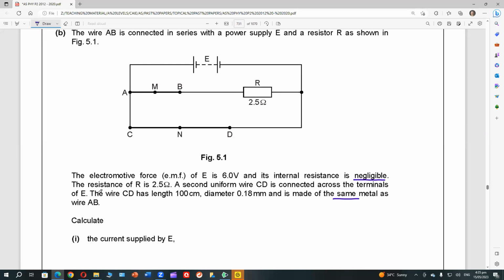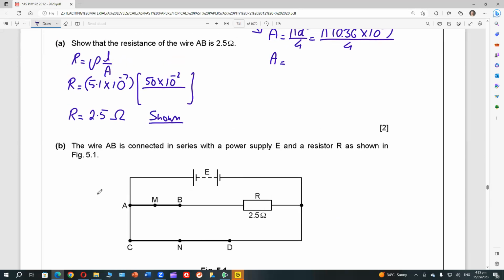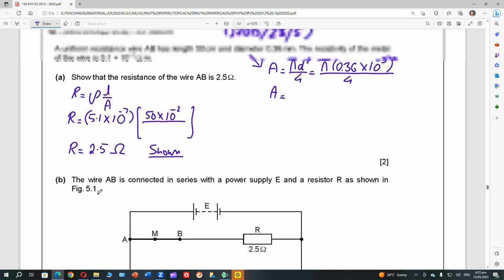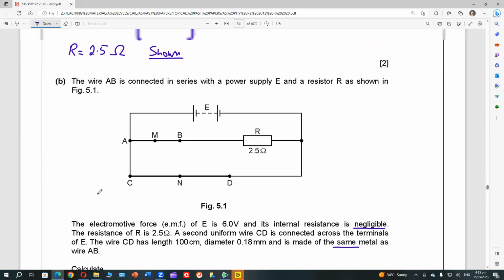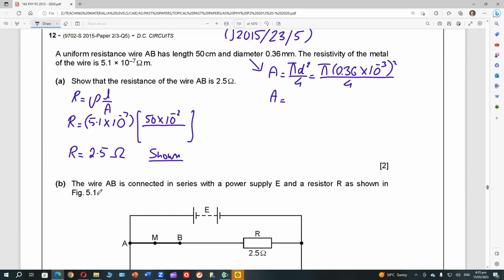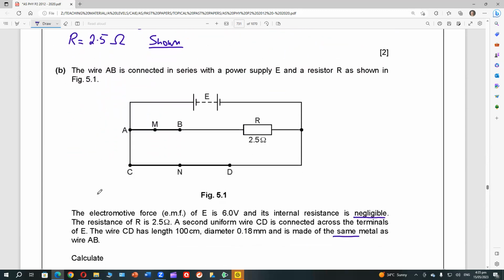So we have a 2.5. There is no internal resistance. What about wire AB? Wire AB resistance is also 2.5. Achha. So there are two wires. The resistance of the wire AB is also 2.5. So we will add 2.5 with 2.5.